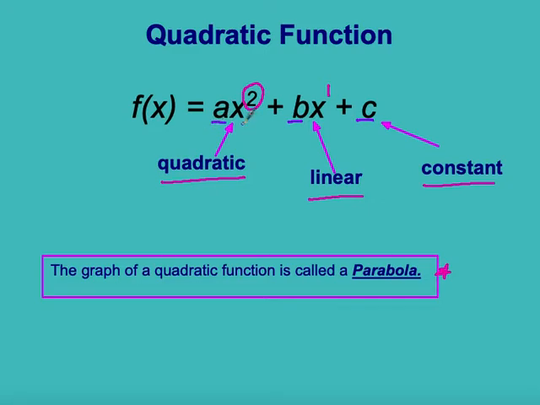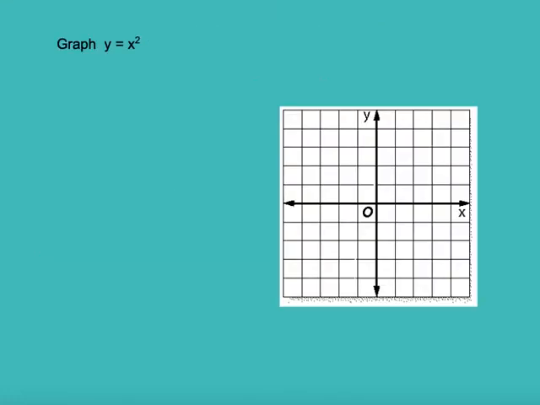A being the coefficient to our quadratic term, B being the coefficient to our linear term, and C being the constant. We're going to use that to find the center point or our vertex in our parabola when we're able to graph.